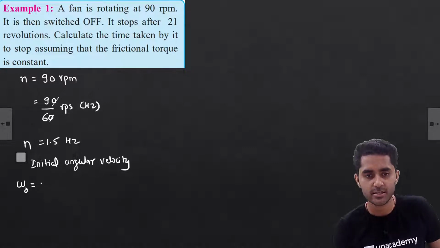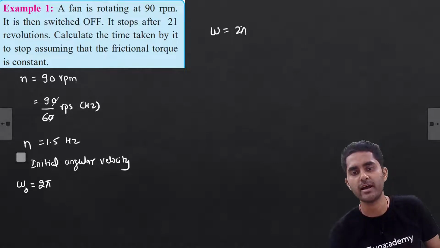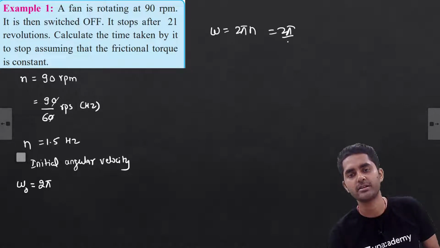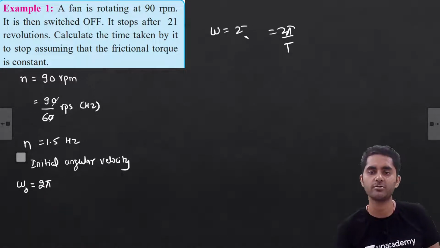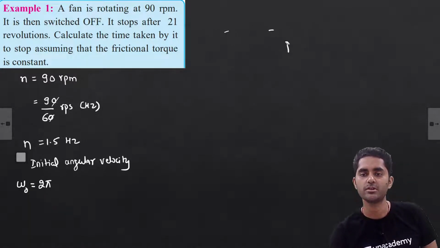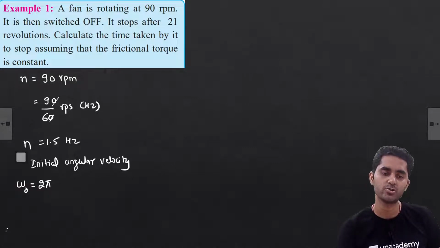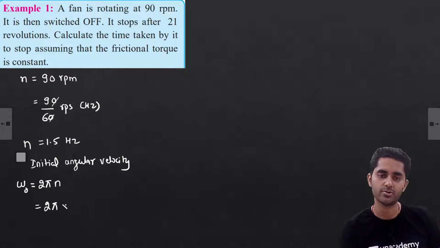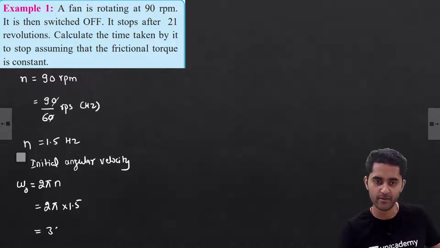Omega naught is equal to 2 pi n. There is a formula for angular velocity, 2 pi n or 2 pi by t. N is frequency, t is time period. Whatever is given, you can use the corresponding equation. I'll just use 2 pi n because frequency is given. So it is 2 pi into 1.5. Now what is 1.5 into 2? It will be 3 pi.